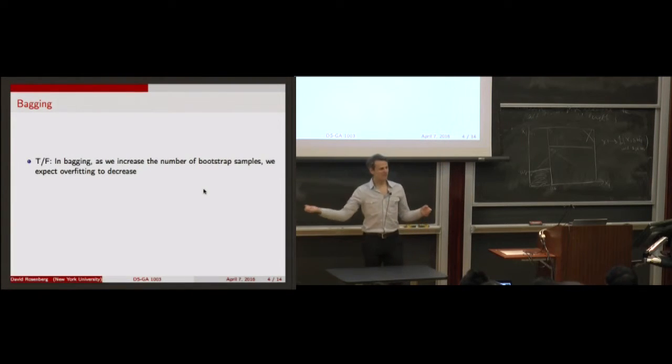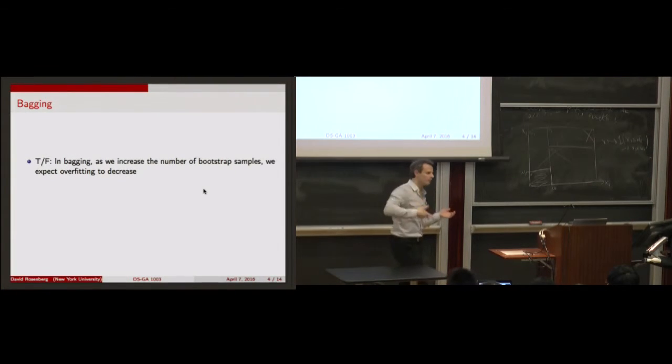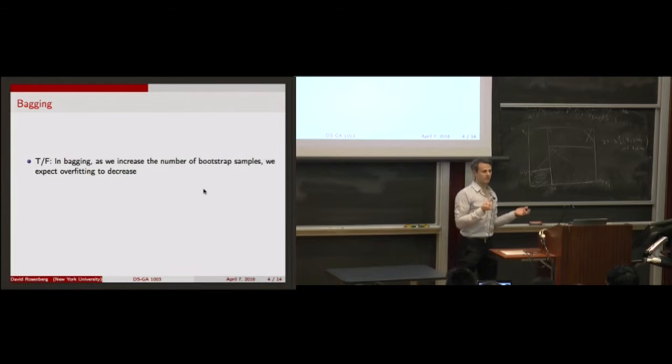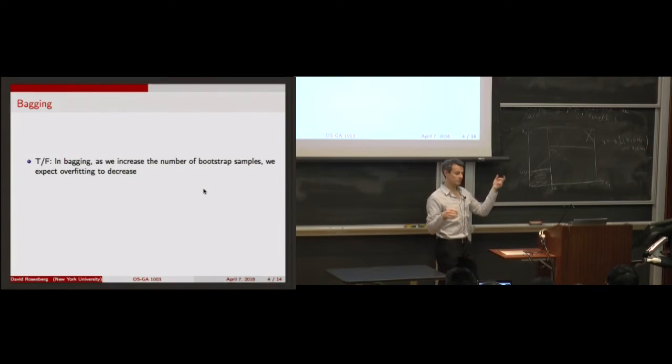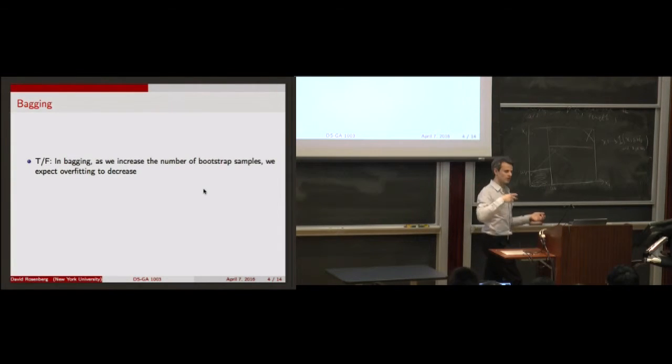So we have a bunch of prediction functions, and the expected prediction is, say, the right thing, but there's variability due to randomness in the sample. And when we average those things together, we expect the variability of the predictions to decrease, but the bias should be the same because all the samples are IID.